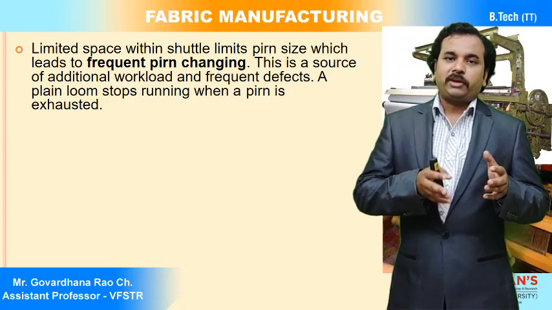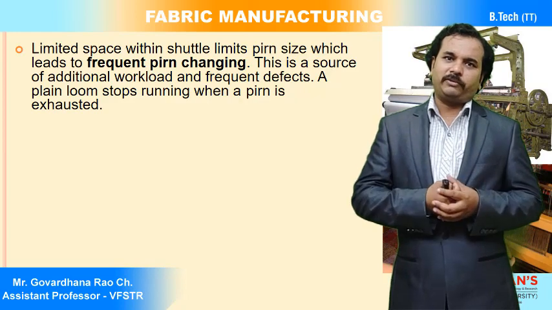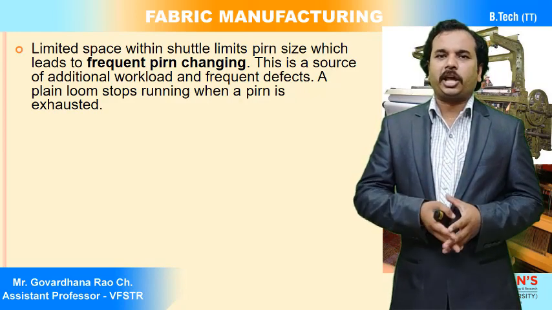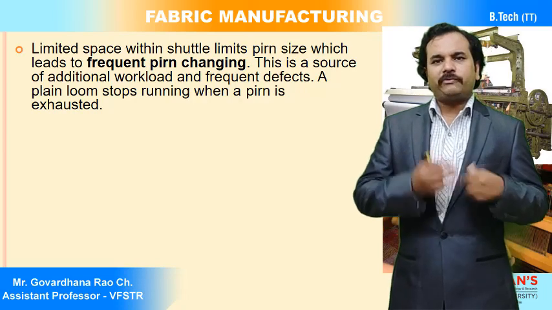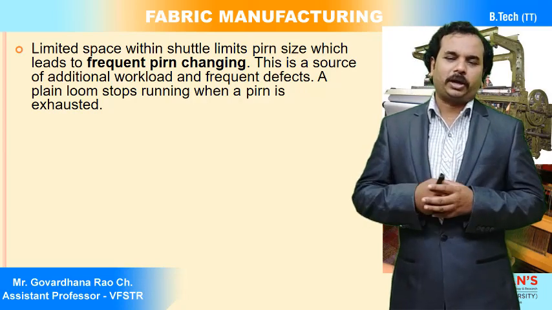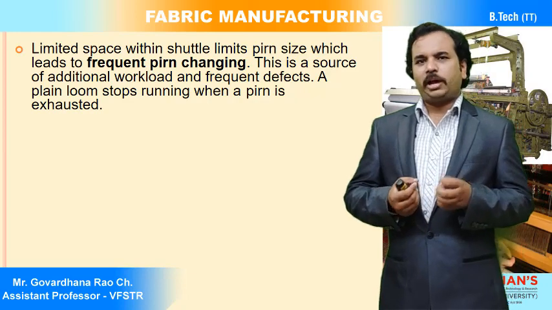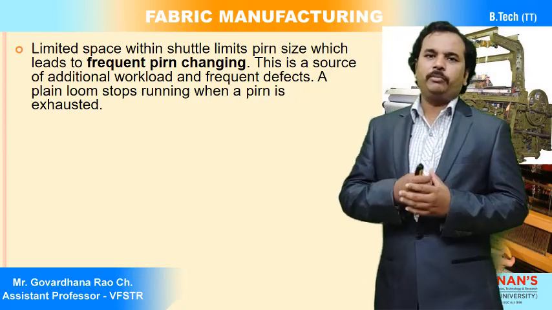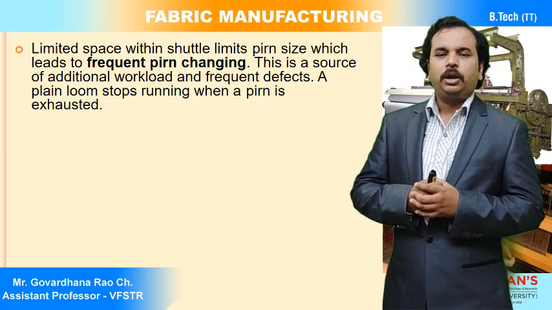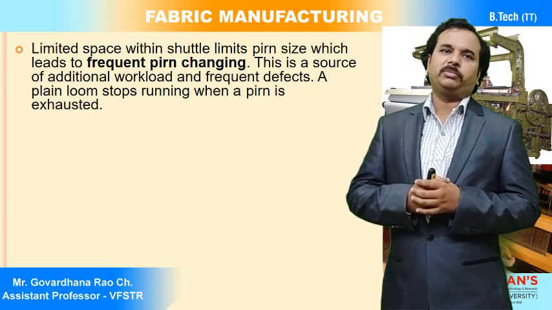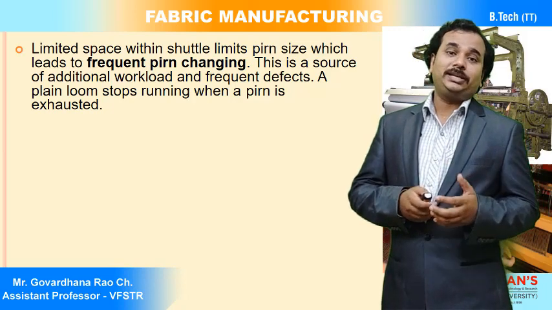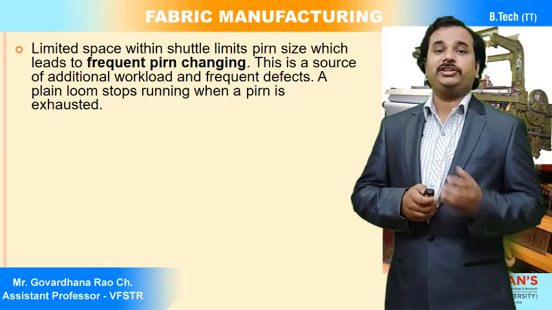For example, if you have 80 grams of pirn weight, it lasts around 8 or 10 minutes. After 10 minutes we need to change the pirn again. If there are frequent pirn changes, the idle time of the weaving machine increases, running time decreases, and you are not going to get the machine efficiency.